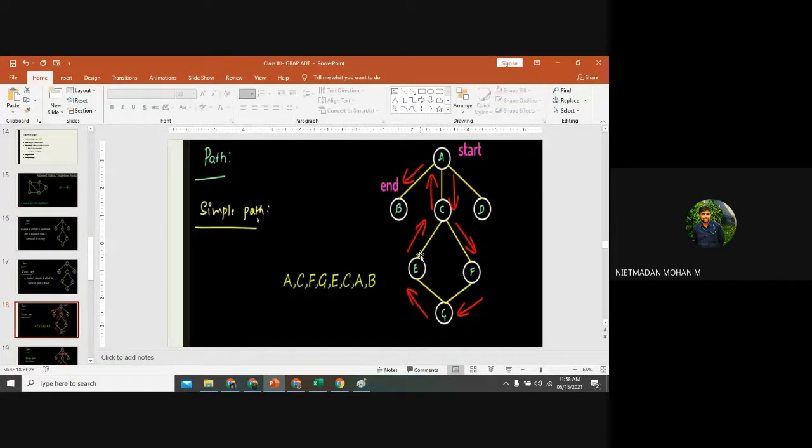You can see an example here. If I go to the same example I have given, you can see that it will be starting from A. For reaching B, we have a lot of ways, right? But what is the simple path to reach B?